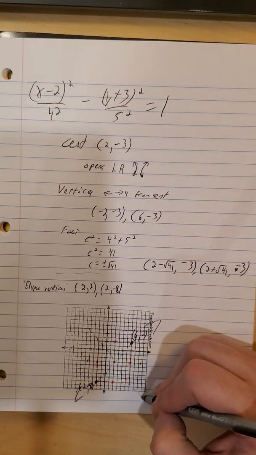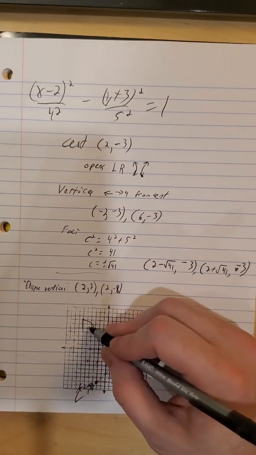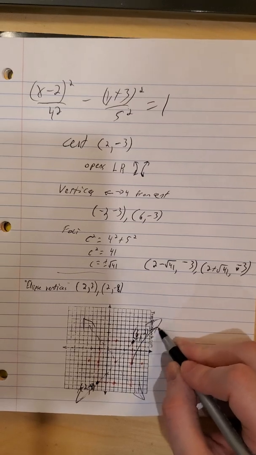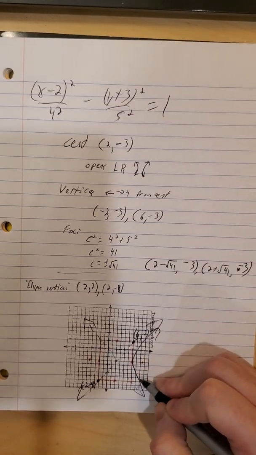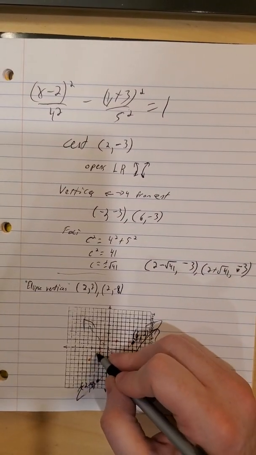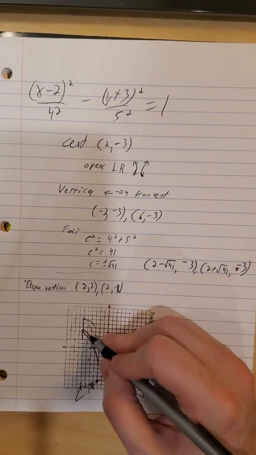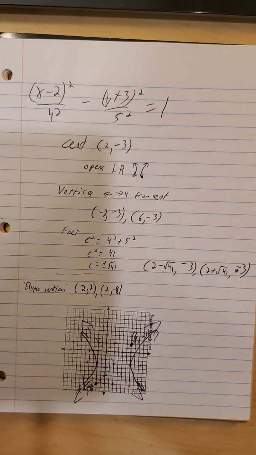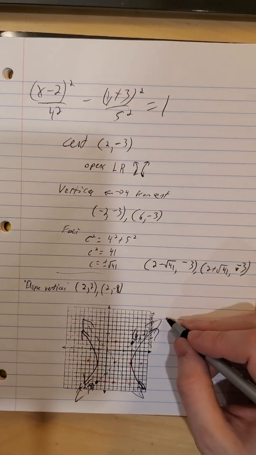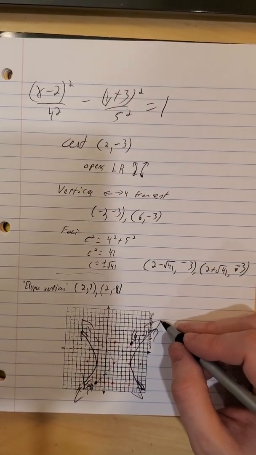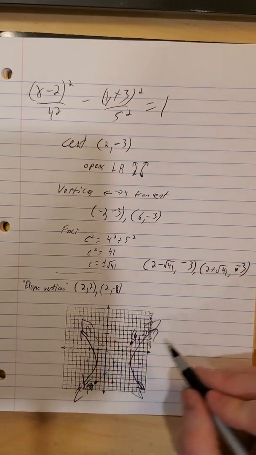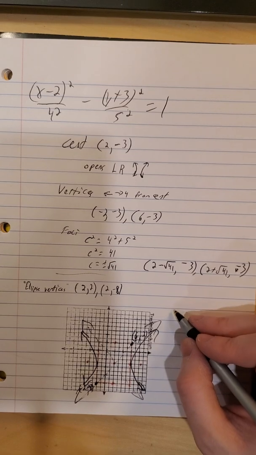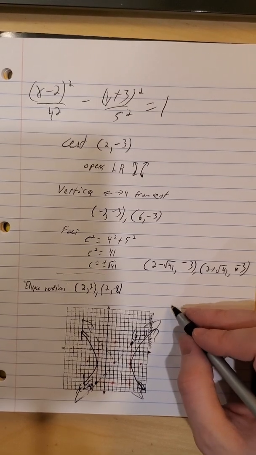Connecting these guys up, the other diagonal of the rectangle, and here's our sketch. And for time's sake, we're just going to do the equation of this first asymptote, and I'll assume that you'll be able to figure out how to get the second asymptote.